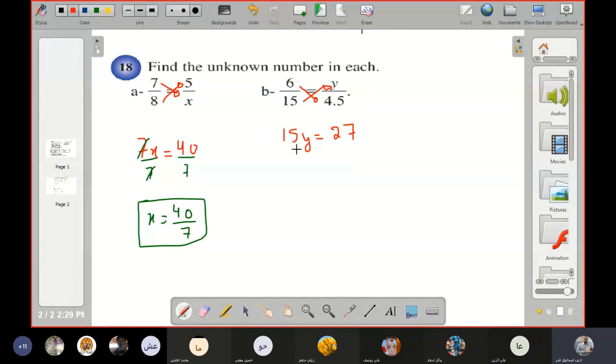So now what do we do, Muhammad Asim? The first step, we cross multiply. Make sure to put on the left side, on the first side of the equal, the value with the unknown, which is 15y equal 6 times 4.5 is 27. The third step is we divide by the number in front of the y, which is the coefficient of y.